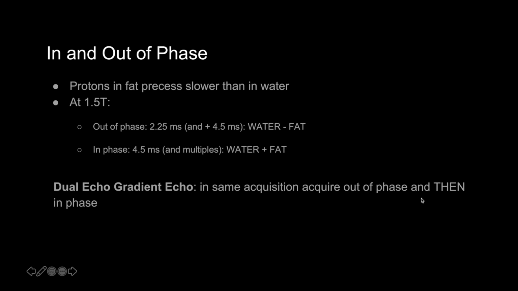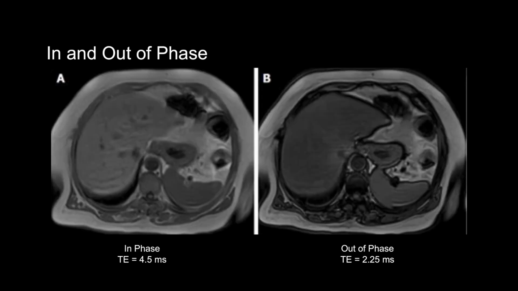We acquire the out of phase and then the in phase. At 1.5 Tesla, these are the times that we generally acquire them at. So out of phase at about 2.25 milliseconds, and then in phase at 4.5 milliseconds. And again, because they're in the same acquisition, they're going to be perfectly registered to one another. And you'll see what that means when we open up an MRI relatively shortly.